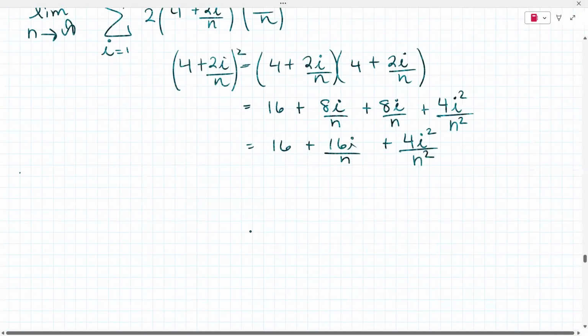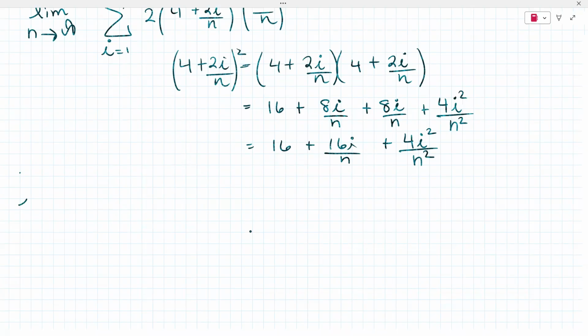Okay, I guess now we can rewrite this as the limit as n approaches infinity.